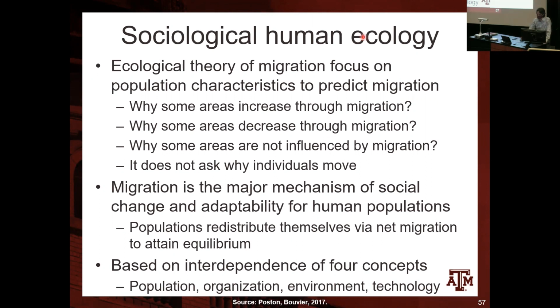The term ecology here, human ecology in this theory trying to understand migration flows, and in the previous one about fertility, is not related to the environment or nature. Ecology here is related to the group.